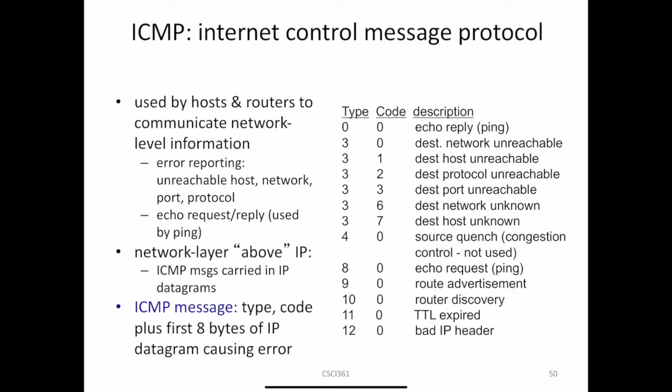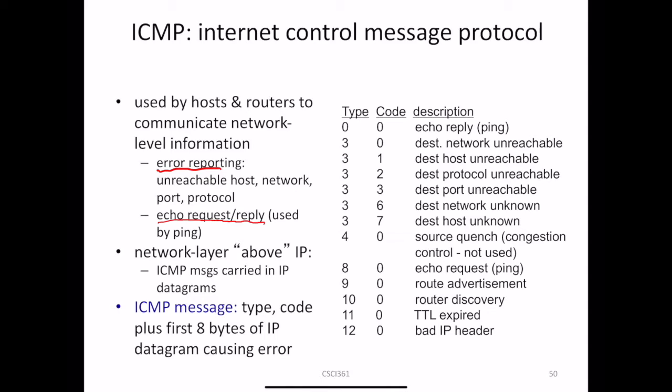ICMP is short for Internet Control Message Protocol, which is used by hosts and routers to communicate network-level information. Within an ICMP message, it can contain an error report, for example unreachable host, unreachable network, port number, or protocol. And it can also do echo requests or replies.